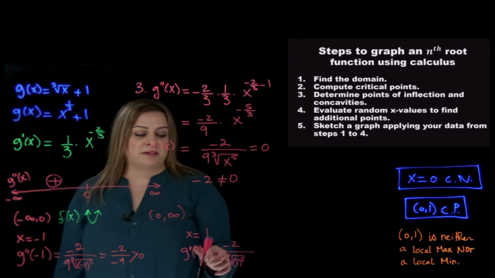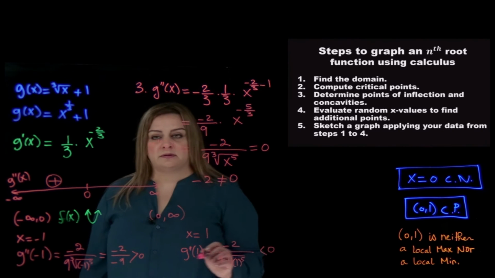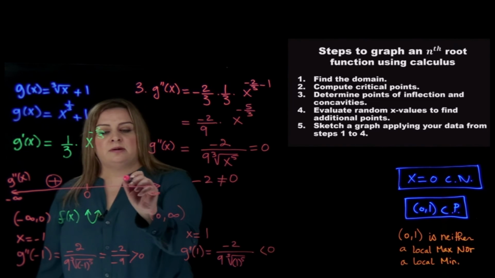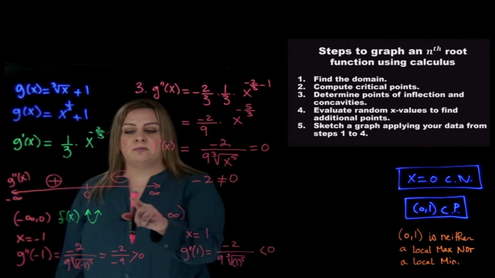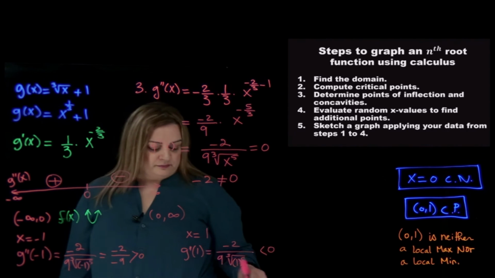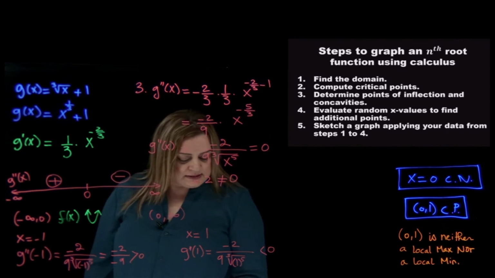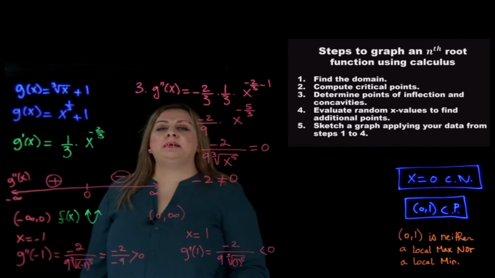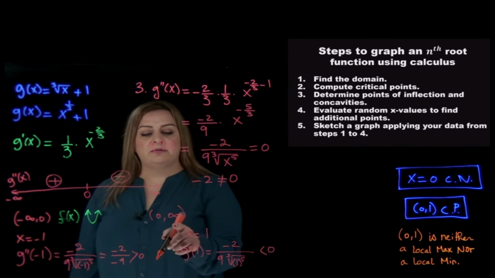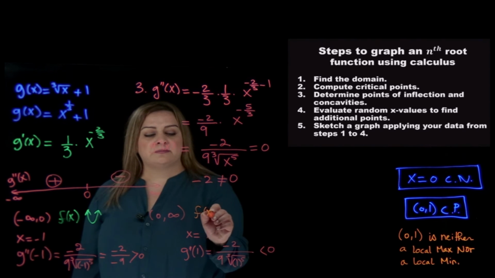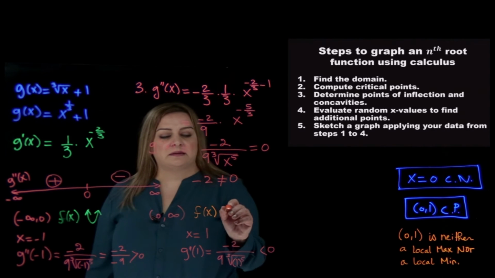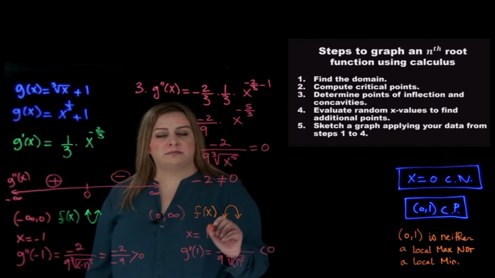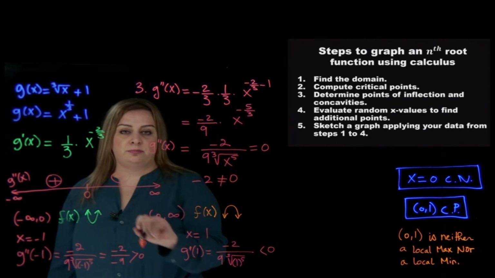Negative divided by a positive will give me a negative. So I'm going to mark this interval with a negative sign. What this is telling me is that on the interval 0 to infinity, f of x is concave down because of that negative slope.